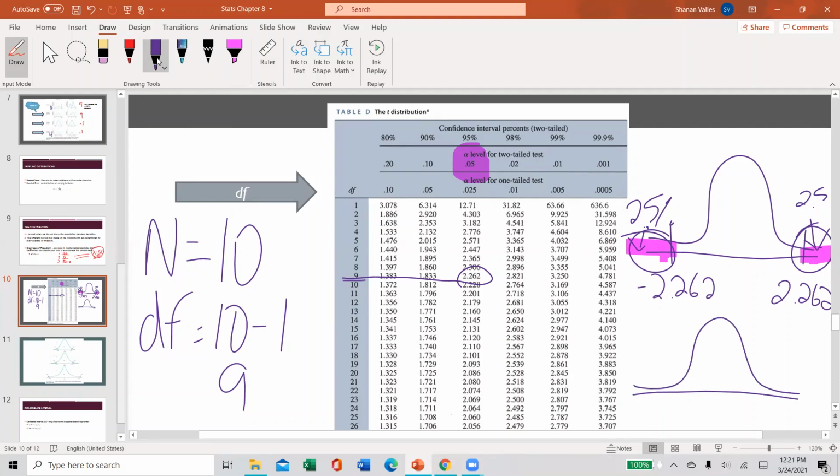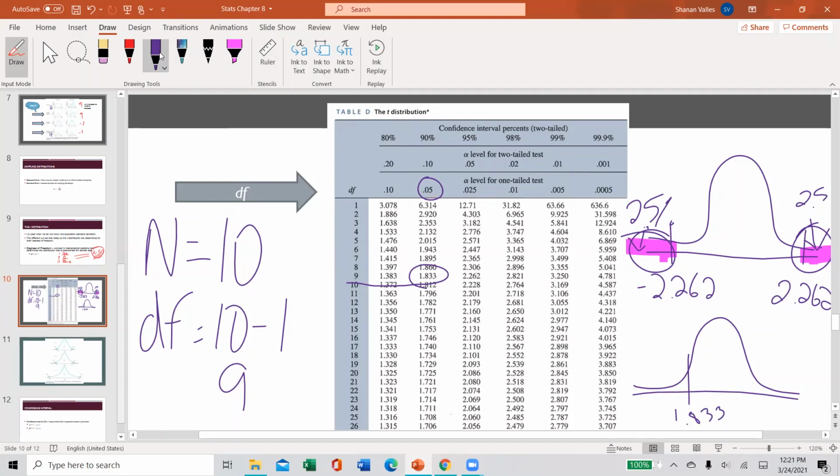If we look at the one-tailed over here, and let's go with the same degrees of freedom of 9, we got 1.833. We know, think back to our IQ.